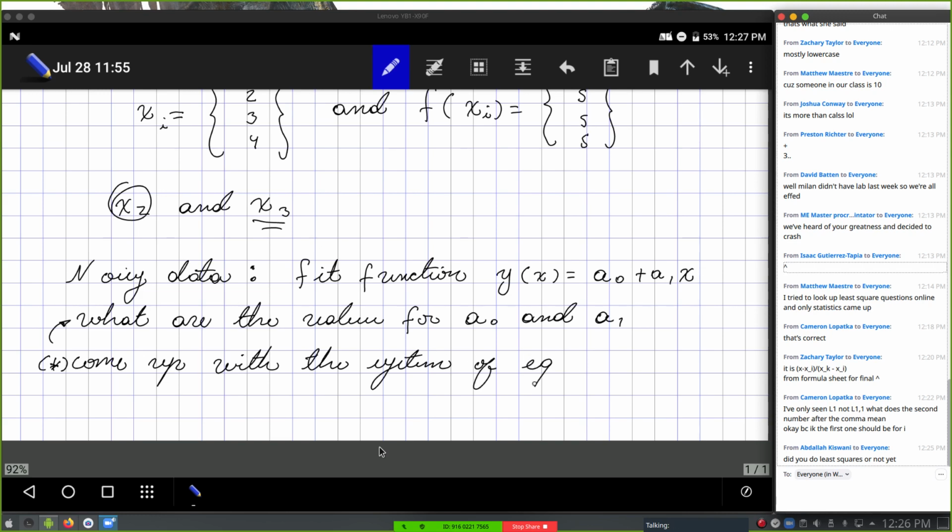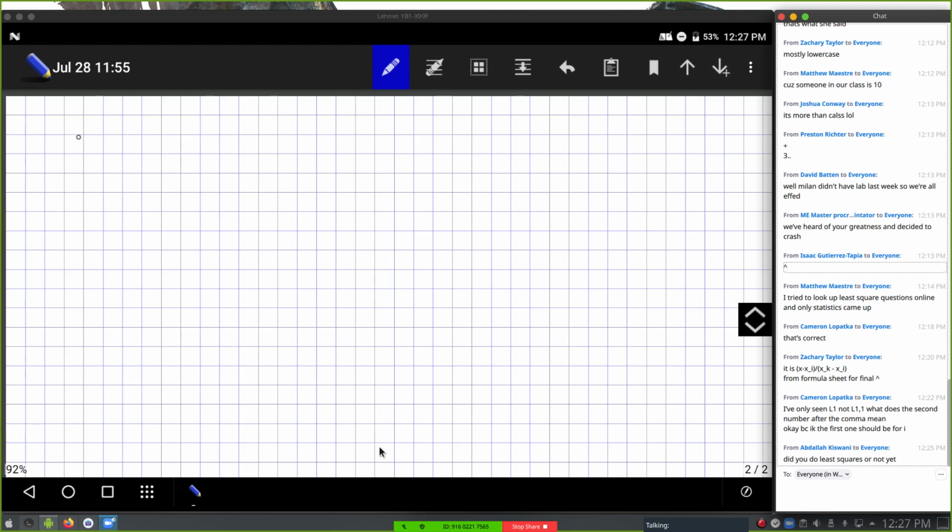If you recall correctly, you have your matrix here, and you have the two coefficients, which are what you're looking for, and then you have your right hand side vector. So one part is coming up with this system of equations, and the other is to actually solve for those values. That's as far as you need to know for least squares.